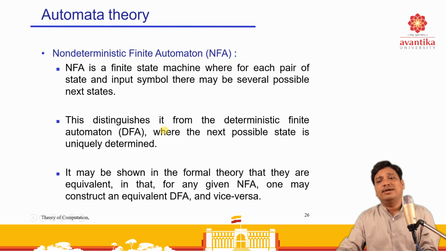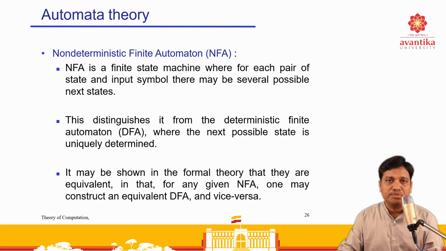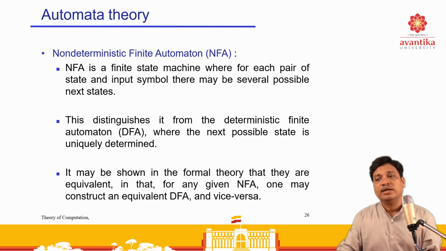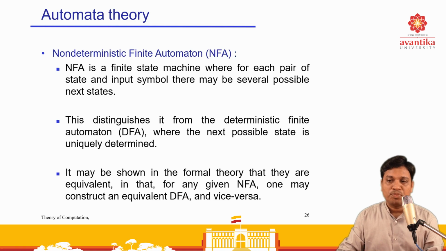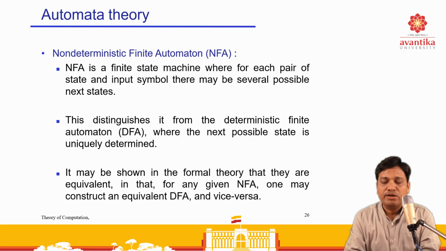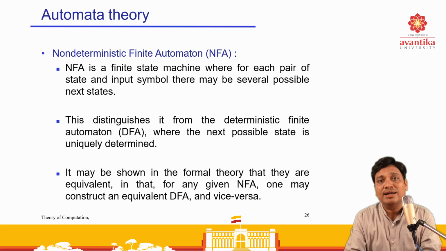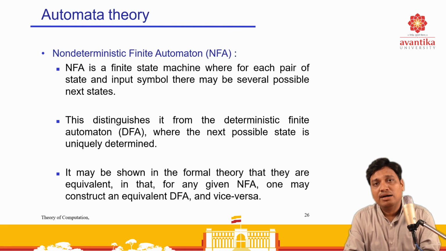Now moving forward, another type of finite automata, the next version, is the non-deterministic version, that is called NFA. An NFA is a finite state machine where for each pair of state and input symbol there may be several possible next states. So there is no condition that the A and B transitions are equal or covered, same as the DFA.